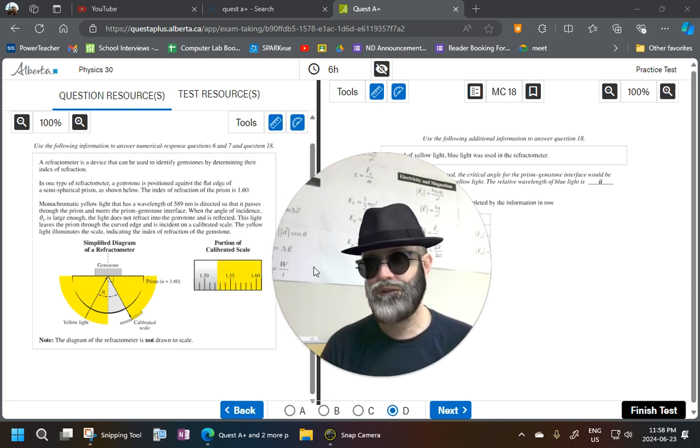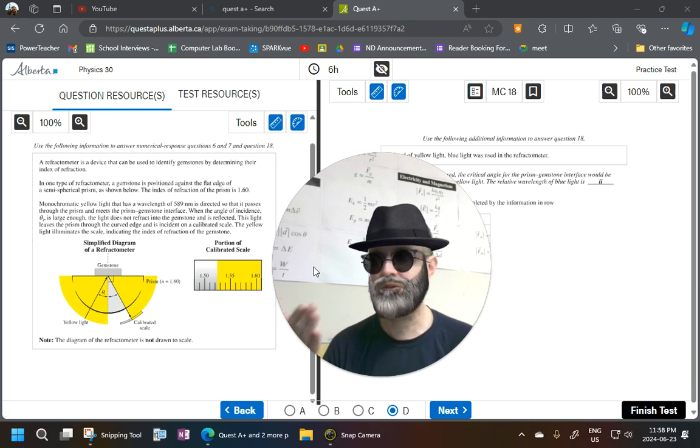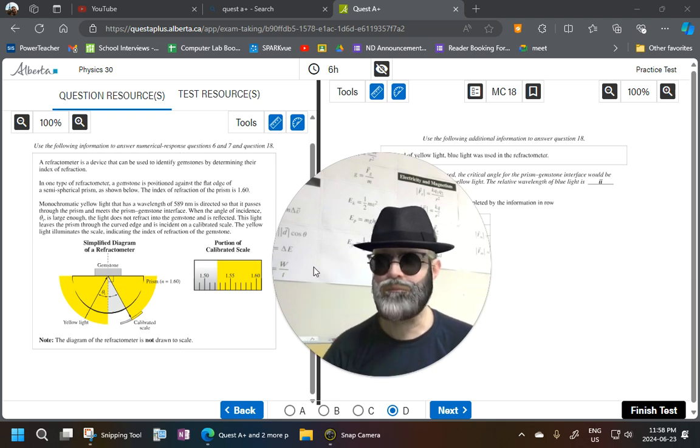Blue light will be going slower in both of these materials, so both the index of refractions will change. So how are we supposed to know what those new numbers would be? They give you some numbers, maybe you can use those to help you compare them.